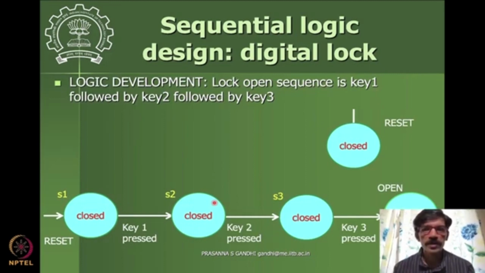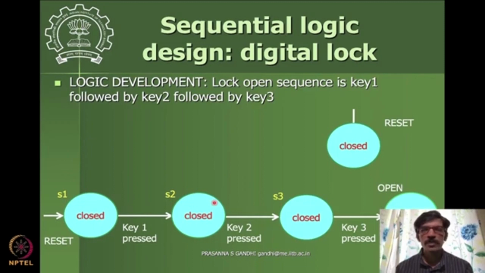So we develop these states. For sure we know that the lock is open or the lock is closed. Now what we want is that the lock should open when a sequence is entered. The sequence is: key 1 is pressed, followed by key 2, followed by key 3, then my lock should be open.